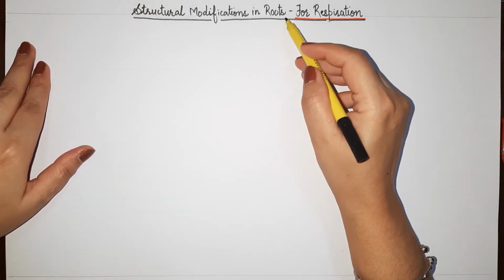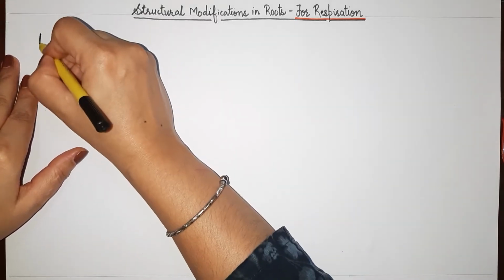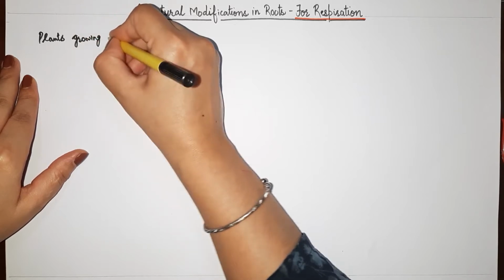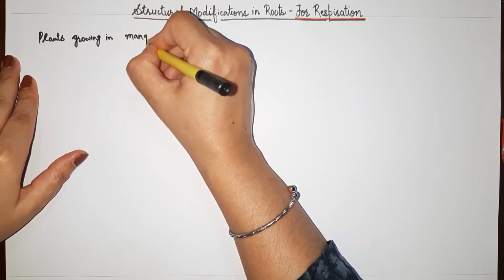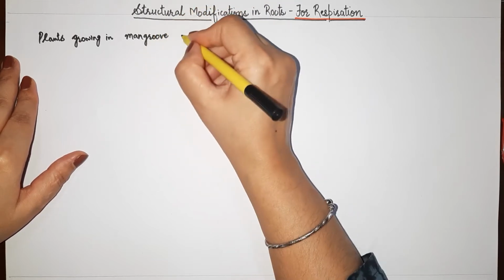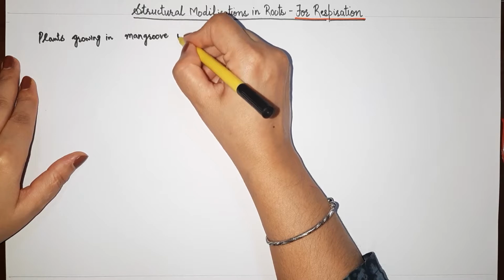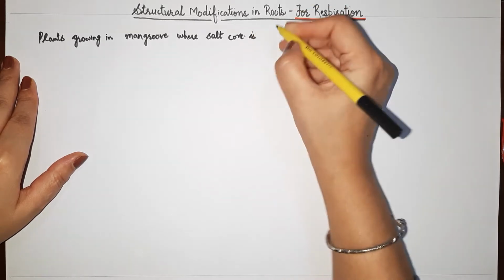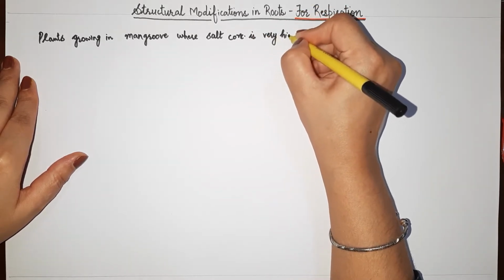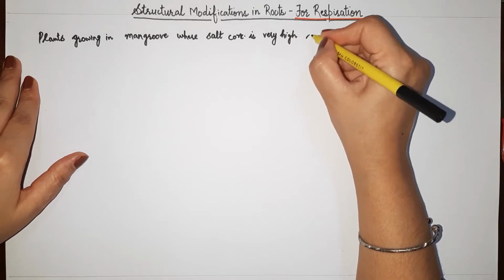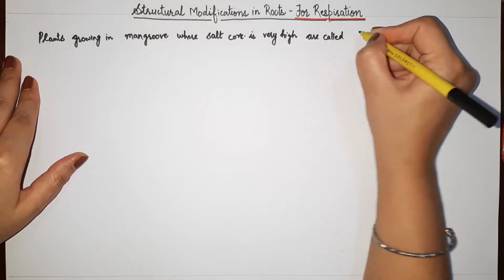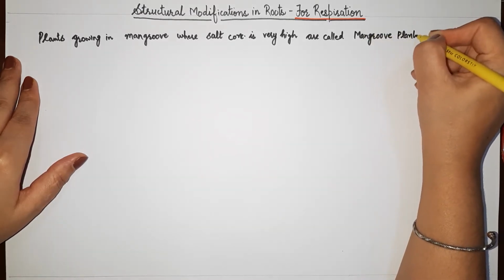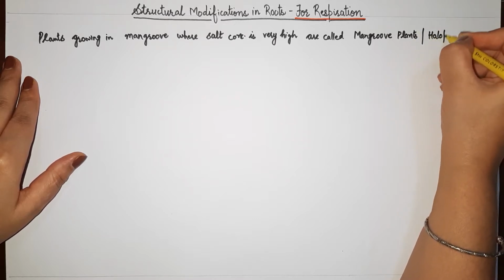Now, what are mainly the roots which are involved in respiration? So, plants growing in mangroves, these are called swamp areas, where salt concentration is very high, are called mangrove plants or halophytes.